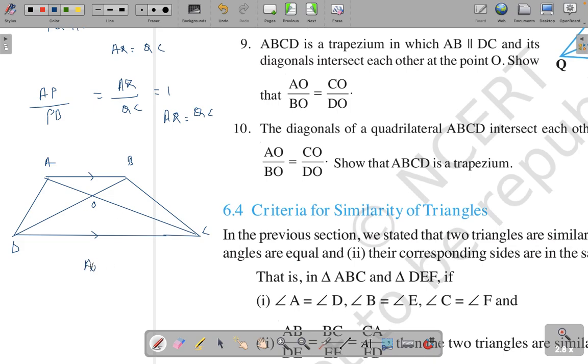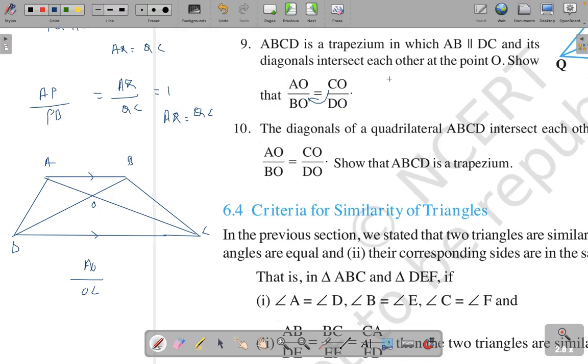They've just taken some terms to the right hand side, so you can get AO upon CO. Is this clear?